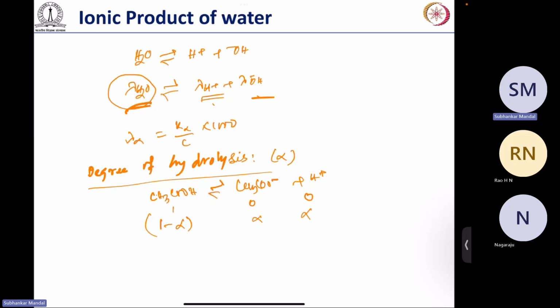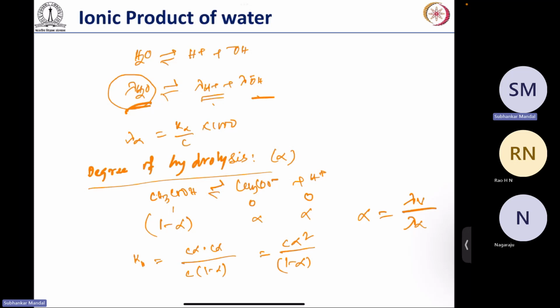So we get to know that Kh, the dissociation constant, is C alpha into C alpha divided by C into 1 minus alpha, that is C alpha square over 1 minus alpha, and this alpha, the degree of dissociation, is the ratio of equivalent conductance at a given dilution or given volume divided by infinite dilution conductance.